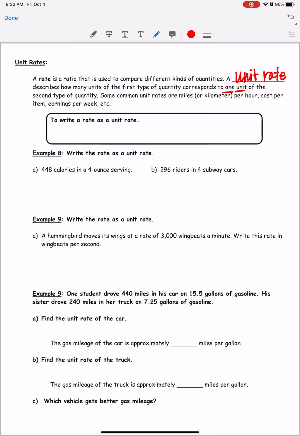Some common unit rates are miles or kilometers per hour. That means 1 hour. Cost per item. Earnings per week, etc. So, to write a rate as a unit rate, you are going to simply divide the numerator by the denominator.